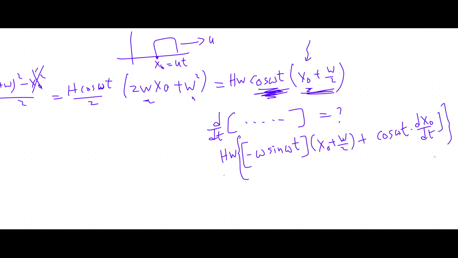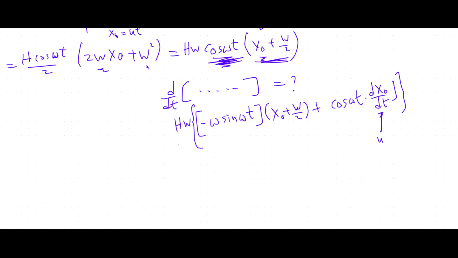But what is dx naught dt? That's just the velocity along the x direction. There's nothing more than u. So I'm going to rewrite everything here. The EMF is equal to negative of n d flux dt. I'm going to absorb the negative here.